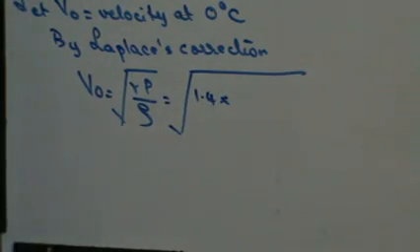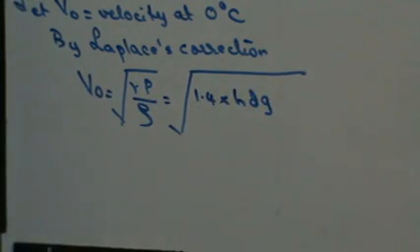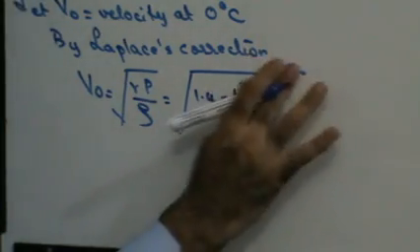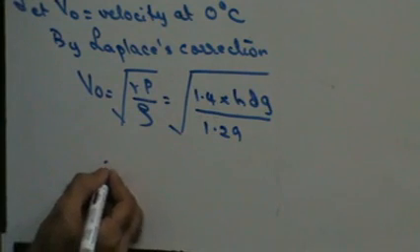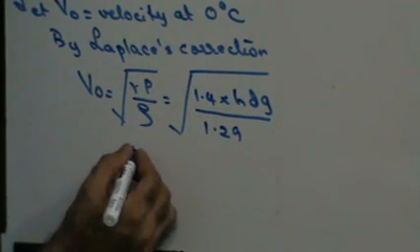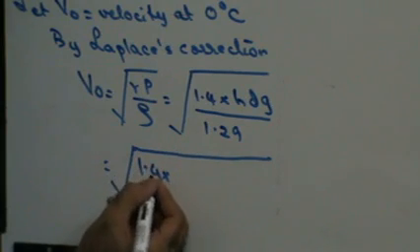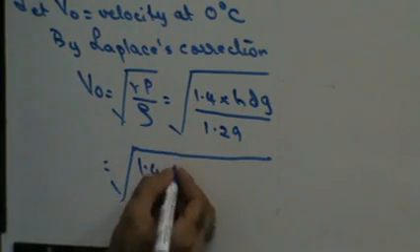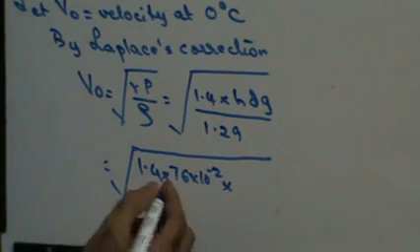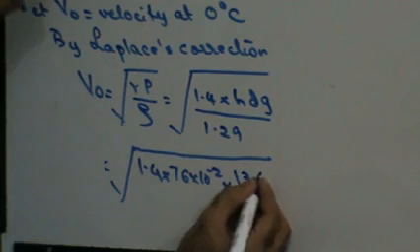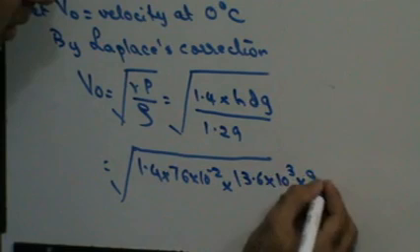P is given by the formula hdg. Rho is given to you as 1.29. So you will get this as square root of 1.4 into h, 76 into 10 raised to minus 2, d, 13.6 into 10 raised to 3, g, 9.8.